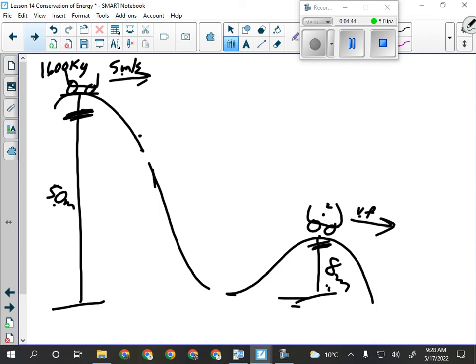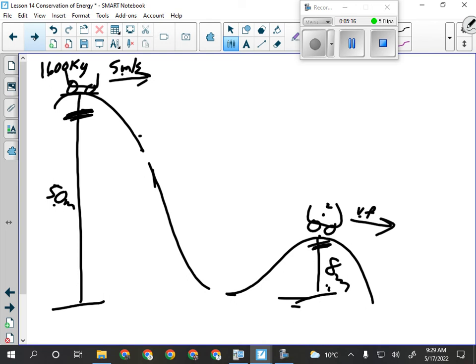It is at the top of a 50-meter high hill, and it is moving at 5 meters per second. It then goes down the hill, and a little while later is on top of an 8-meter high hill. I would like you to calculate how fast it is going on top of that 8-meter high hill.